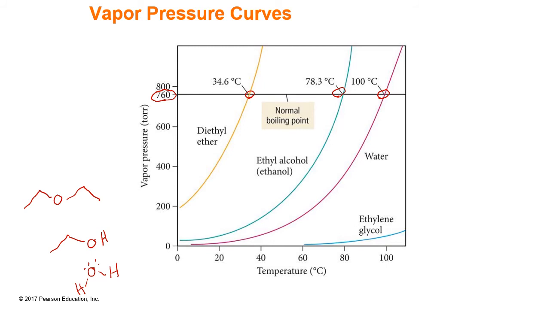So what this means is that if we look at 20 degrees Celsius, our vapor pressure for diethyl ether, which has a lower amount of intermolecular forces, is much greater than for ethanol or for water. So our vapor pressure is lower if we have larger intermolecular forces. This means that our ethylene glycol has the strongest intermolecular forces on this graph.